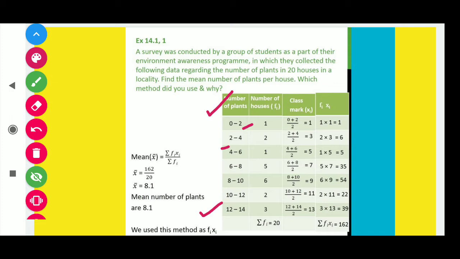When we distribute the data with the frequency, and here upper limit is 2 and the lower limit of next interval is also 2. In this way you can see that both are same, so that is the continuous. Similarly, you can see in the next one, here upper limit is 4 and in the next interval lower limit is 4. So students, here you can see that this is the continuous frequency distribution.